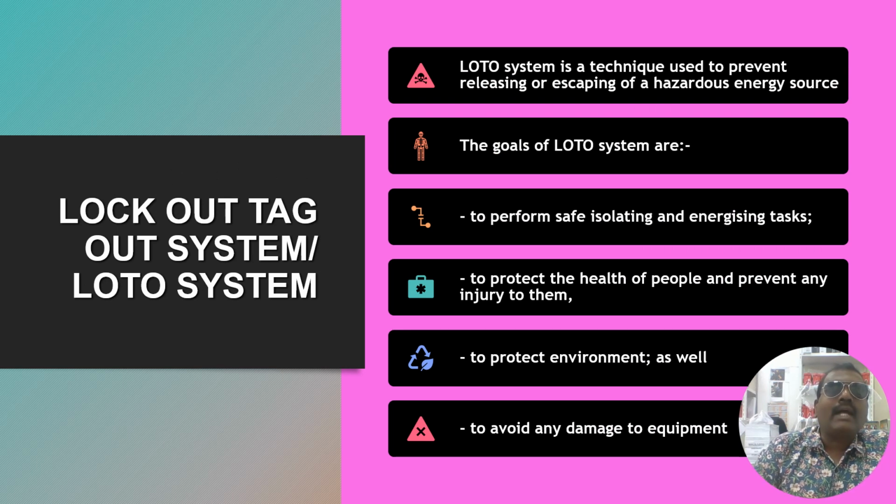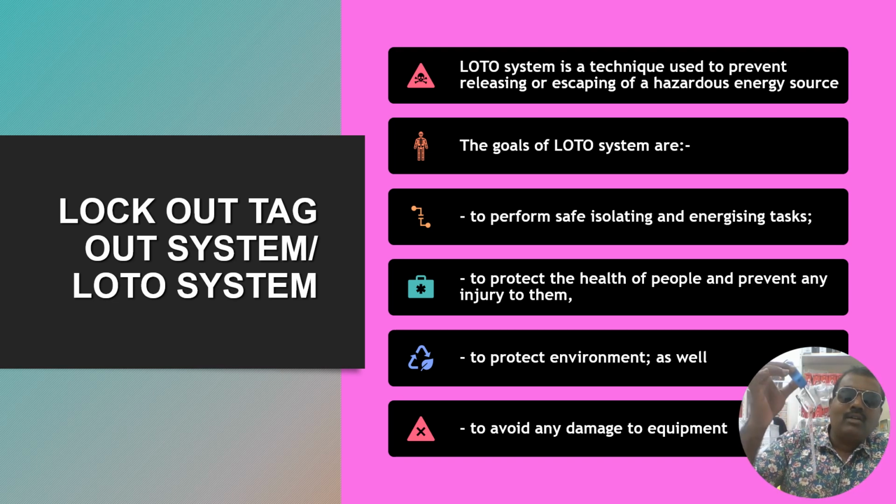So, the lockout tagout system, LOTO system. What is this? The LOTO system is a technique used to prevent the release or escape of a hazardous energy source. How can we prevent it? How can we lock it? We can close the valve, or we can close the system, and we can use the padlock with some tag.